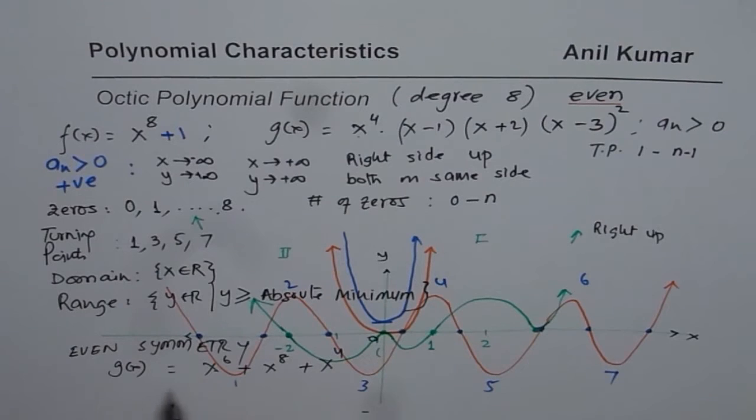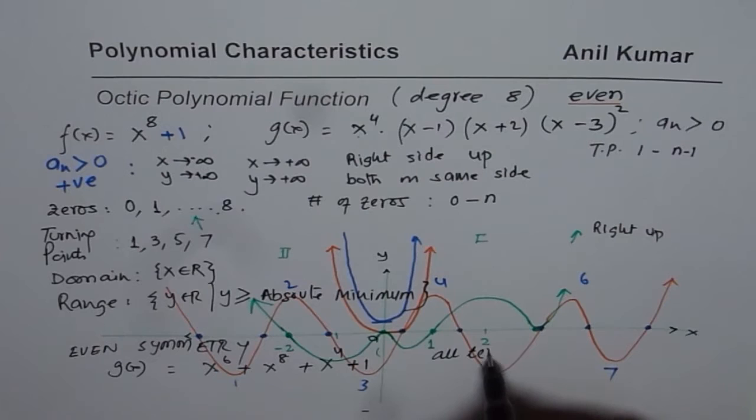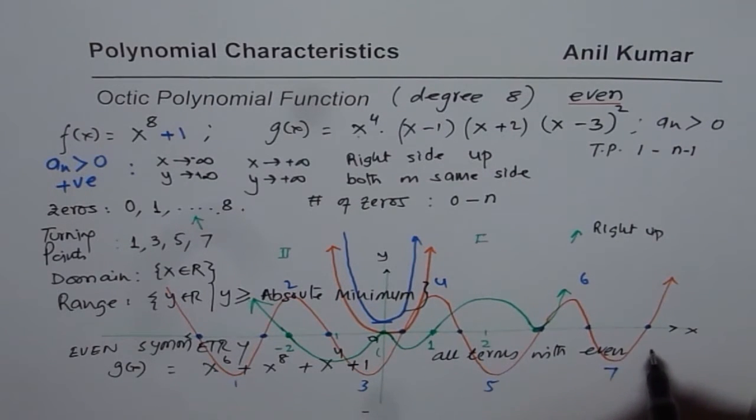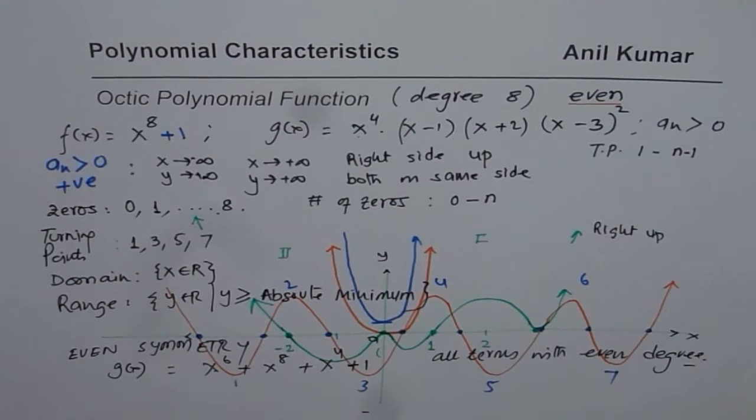So for even symmetry, all terms should have even degree, right? We could also write a constant here. So for even symmetry polynomials, all terms have even degree. Then the polynomial has even symmetry. If I introduce, for example, x here, it will be neither. That's very important to understand.